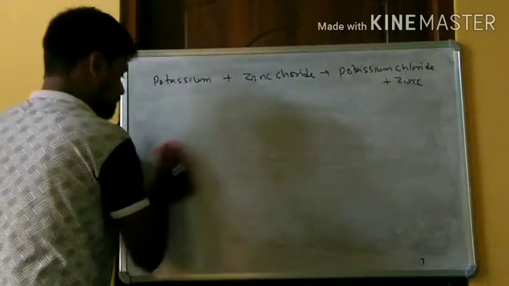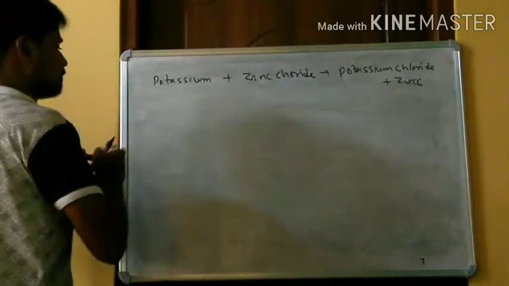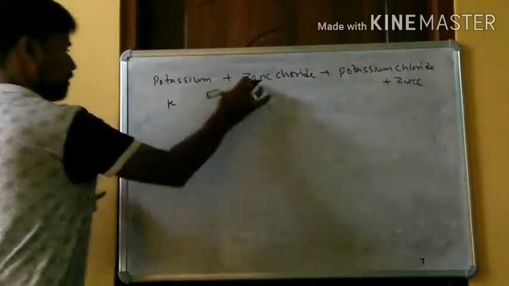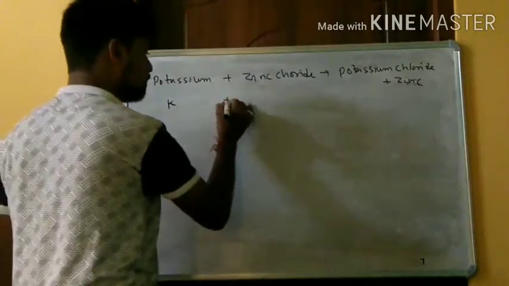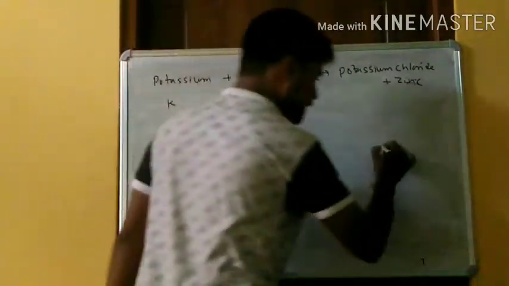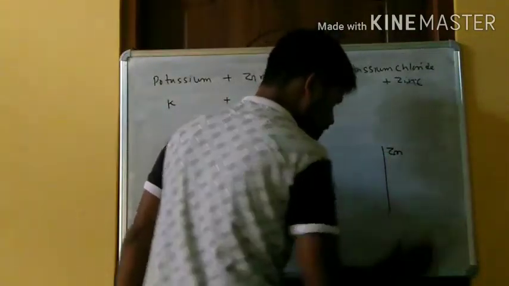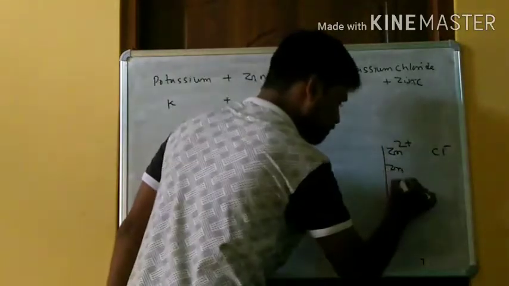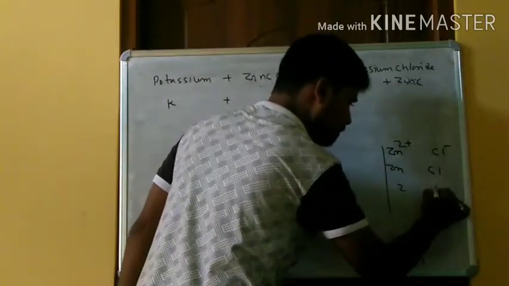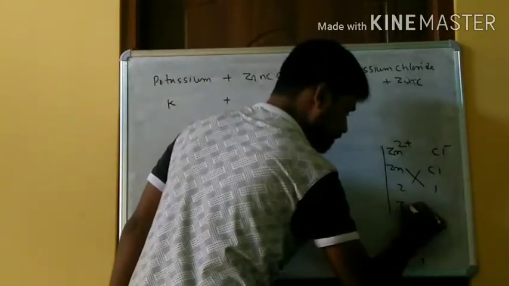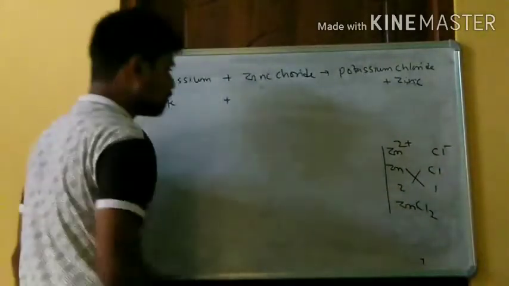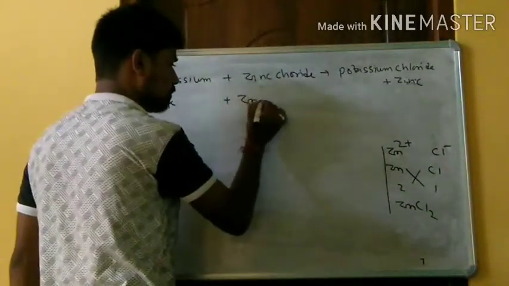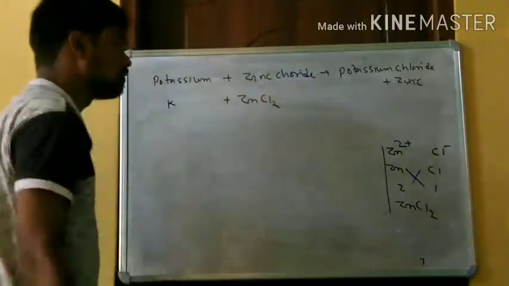The formula of potassium is K. What is the formula of zinc chloride? Let us identify it. Zinc is Zn2 plus, chloride is Cl minus. So put 2 below Zn, put 1 below Cl, multiply them, it will become ZnCl2. So the formula of zinc chloride is ZnCl2.